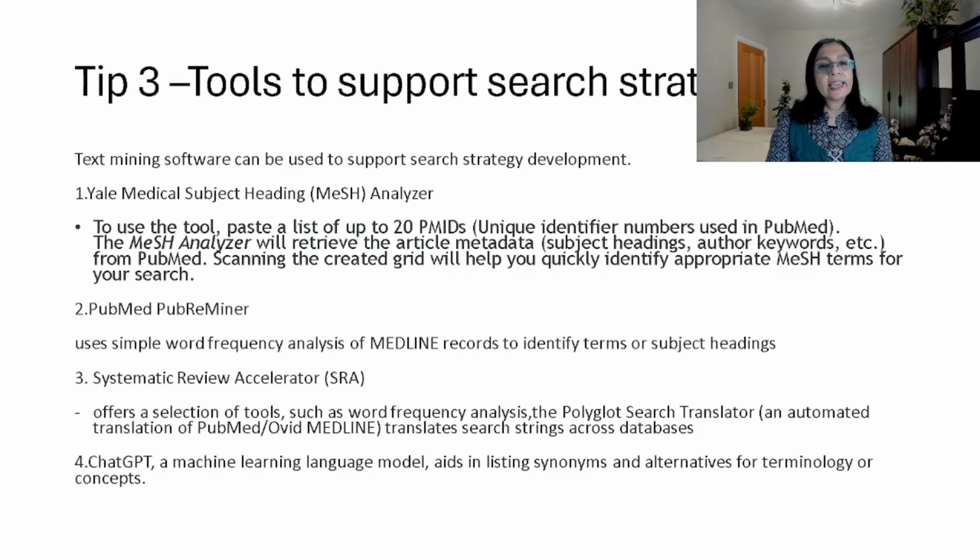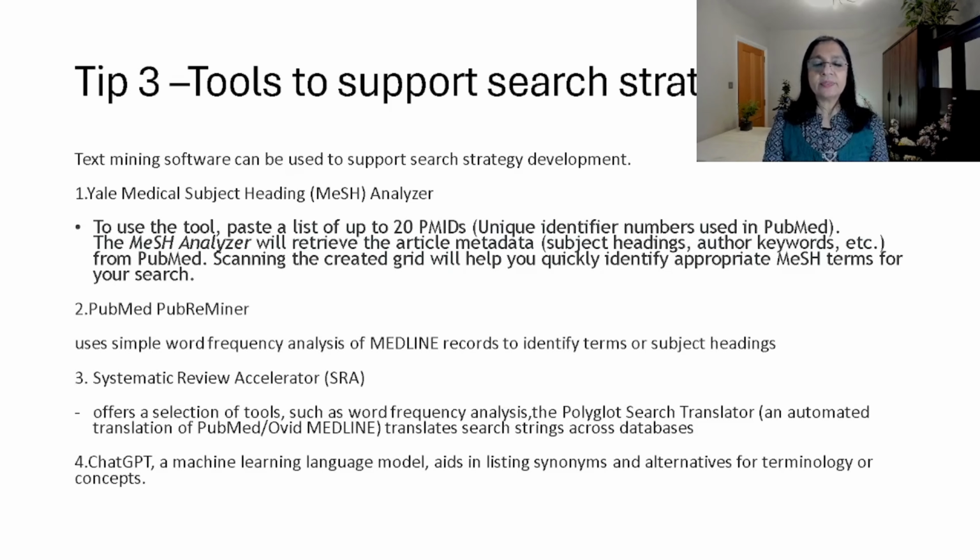Tools like the Medical Subject Heading MeSH Analyzer. To use the tool, paste a list of up to 20 unique identifier numbers used in PubMed. The MeSH Analyzer will retrieve the article metadata from PubMed. So scanning the created grid will help you quickly identify appropriate MeSH terms for your search.